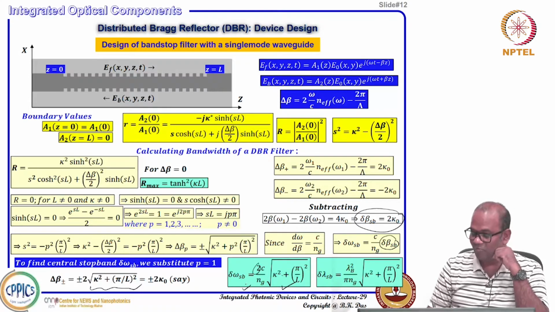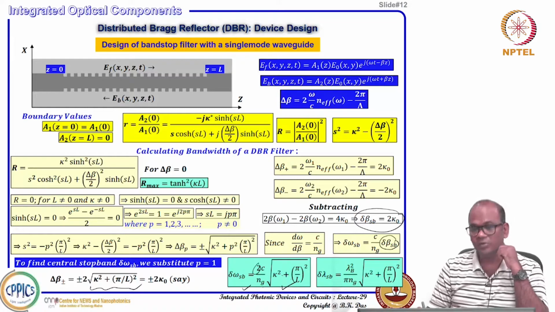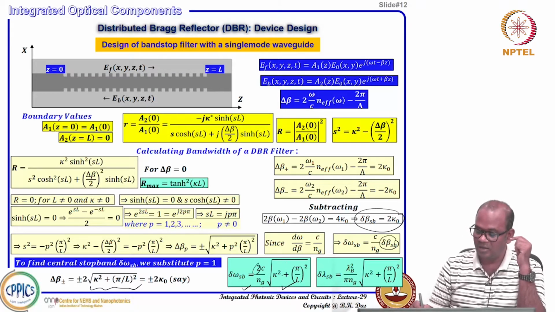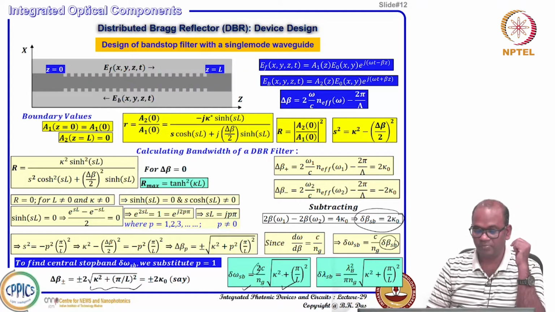So, if I know the group index, if I know the kappa, if I know the length, then I will be able to calculate what is the central stop band of a DBR structure. Okay. So, n g, kappa, L, these are the design parameters for the DBR structure.